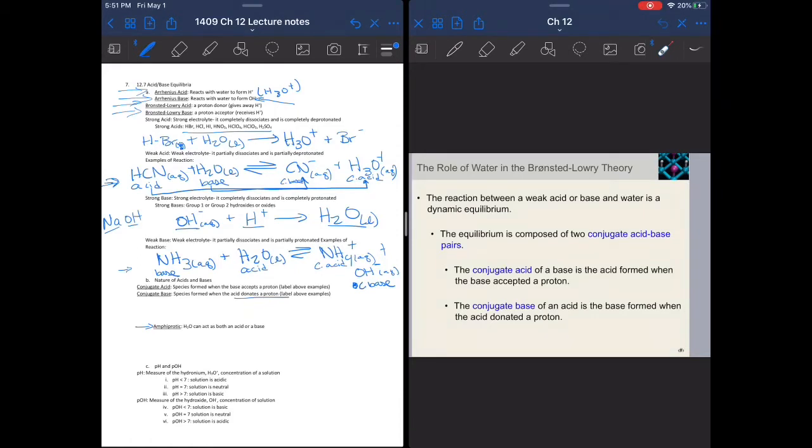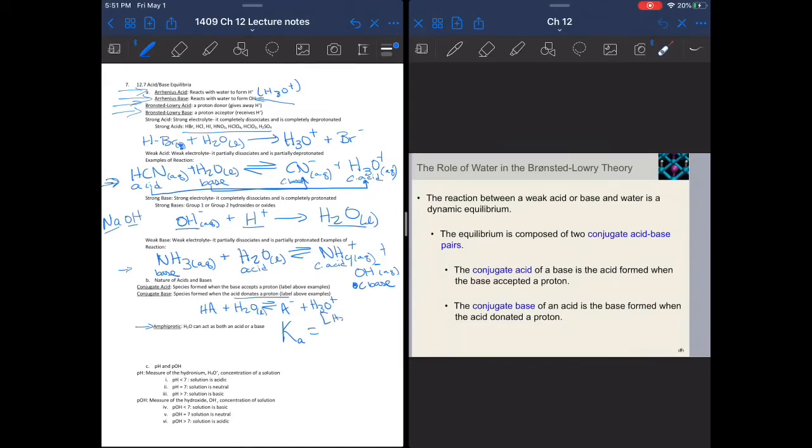And so, for instance, let's say I'm just going to use this random space we have here. If we're looking at a general expression of an acid, HA plus H2O, in equilibrium with A-, the conjugate base, and H3O+, the conjugate acid, we can write an equilibrium expression called Ka. And something to note is that water is always a liquid, so it's never actually in the expression.